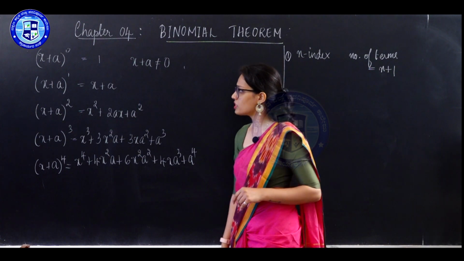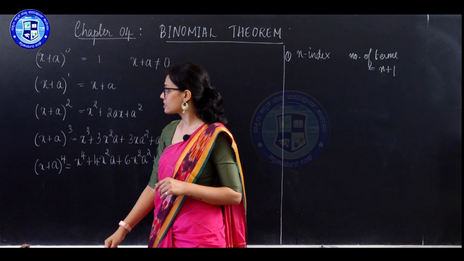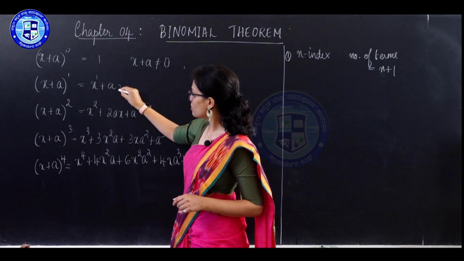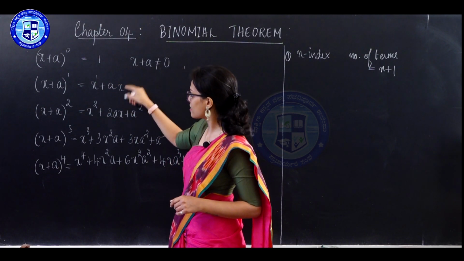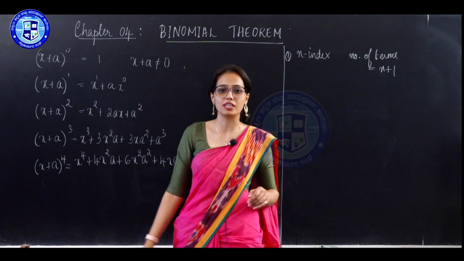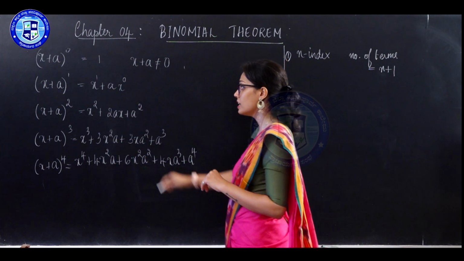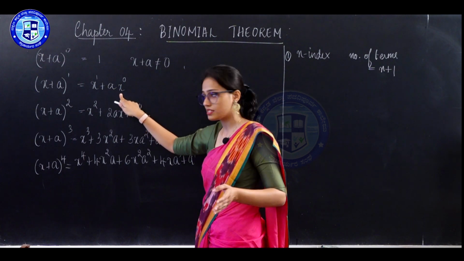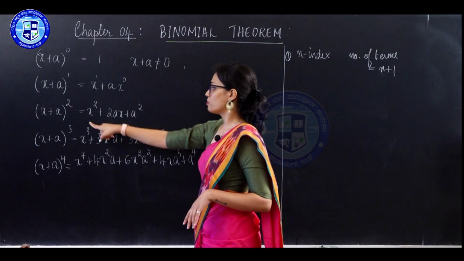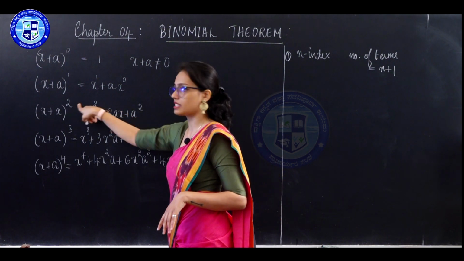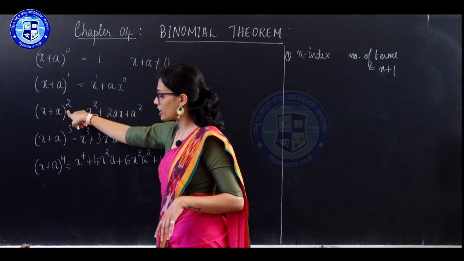Now let us observe the powers of x. So power of x here is 1, power of x over here there is nothing, means it has to be x to the power 0, because we know x to the power 0 is equal to 1 and a into 1 will give us back a. So observe the powers of x over here. We start with 2, same as that of the index of x plus a.